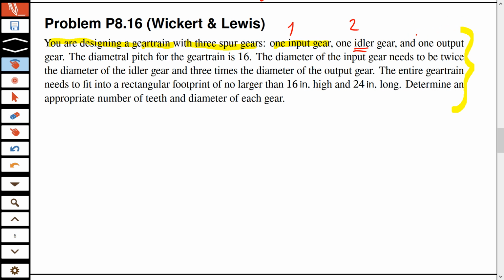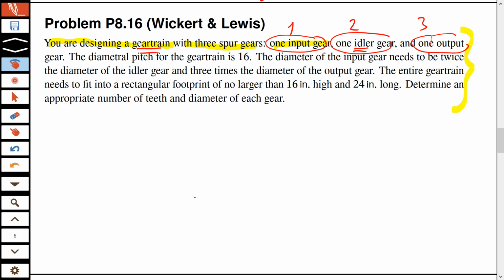So 3 is our output gear, okay? So I have 3 gears. 1 is the input gear, 3 is the output gear, and 2 is the idler gear. We call it idler because it does not contribute to the calculation, because we have a simple gear train, okay? Simple gear train.